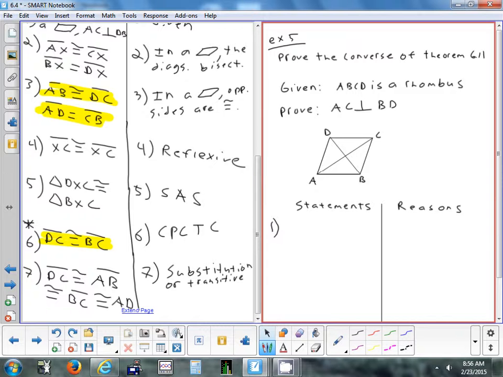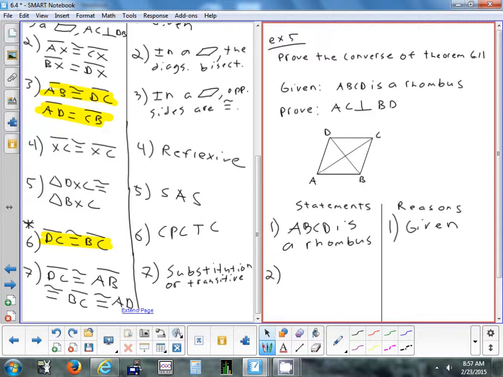Okay, first thing I'm going to do, I'm just going to write down what was given. Okay, that it's a rhombus. Reason, that's given. What could I say because it's a rhombus?